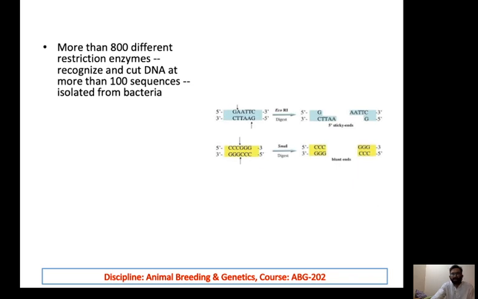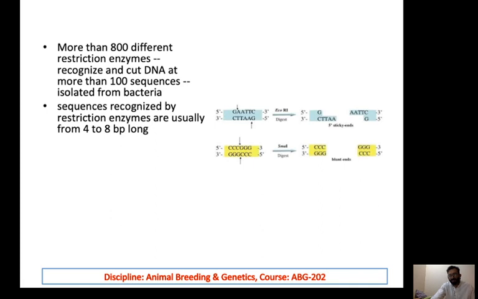Now there are more than 800 different restriction enzymes that recognize and cut DNA at more than 100 sequences, isolated from bacteria. So 800 different types of enzymes are available commercially now, isolated from bacteria by different companies across the globe, and they are marketing them.